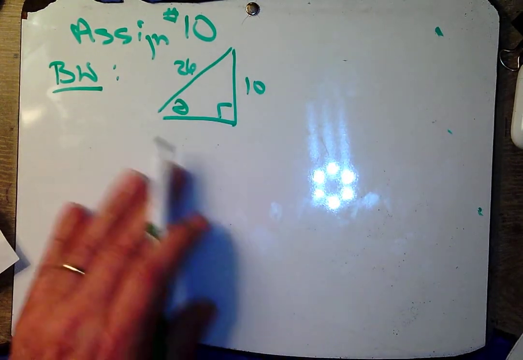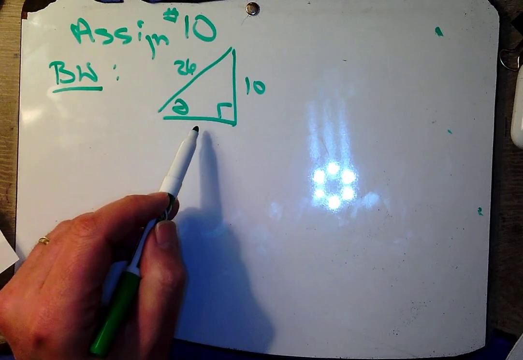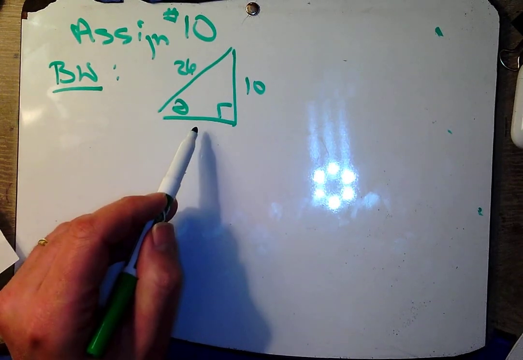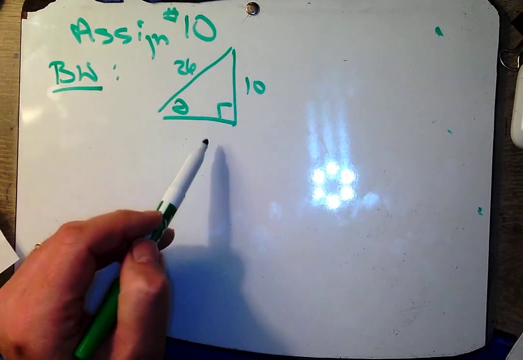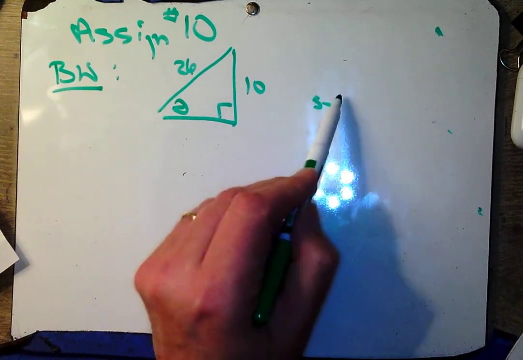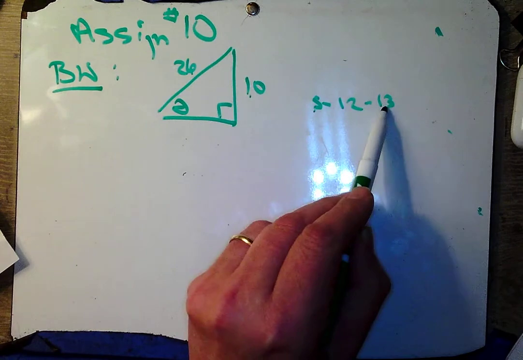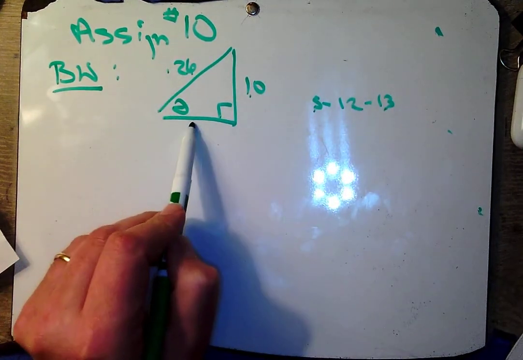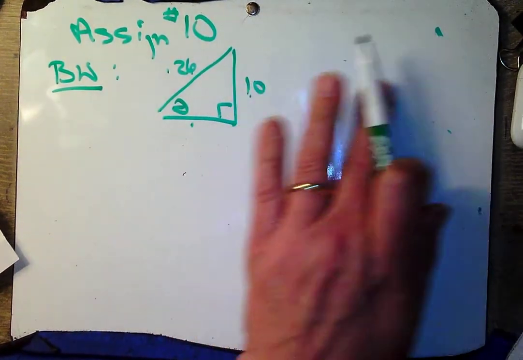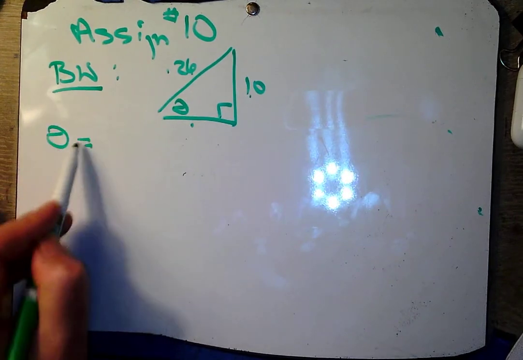Of course, it's always nice to be able to find this third side. And yes, it is a Pythagorean triple. 5, 12, 13. This times 2 is that. This times 2 is that. So this one must be this one times 2. But no, I actually want to know, what's theta?